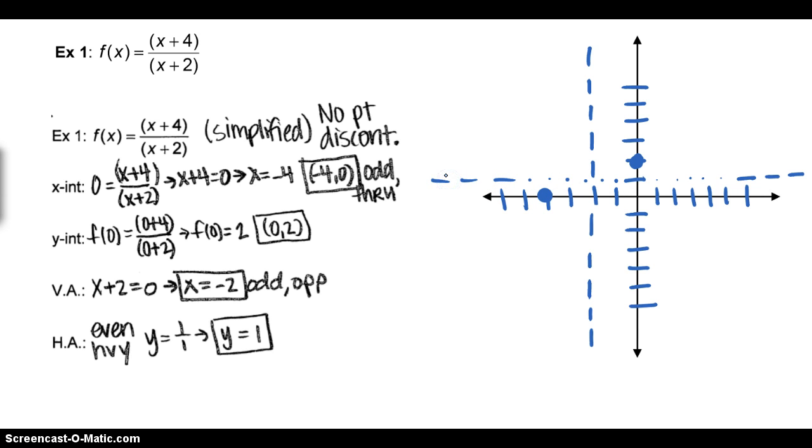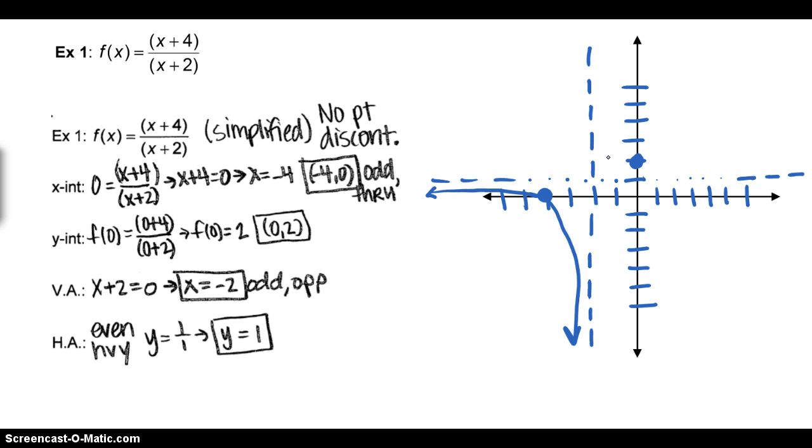So let's look at what we got going on here. We have some kind of function over here. Obviously, it's trapped because of the vertical asymptote, and its end behavior should approach this right here. One thing I like to do with my vertical asymptotes is say if they're even or odd, because that tells me if it's going to go the opposite way or the same way.